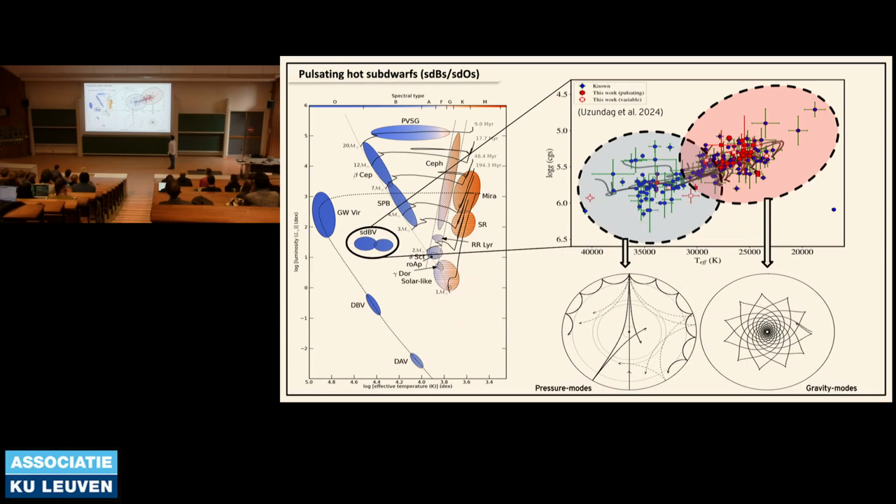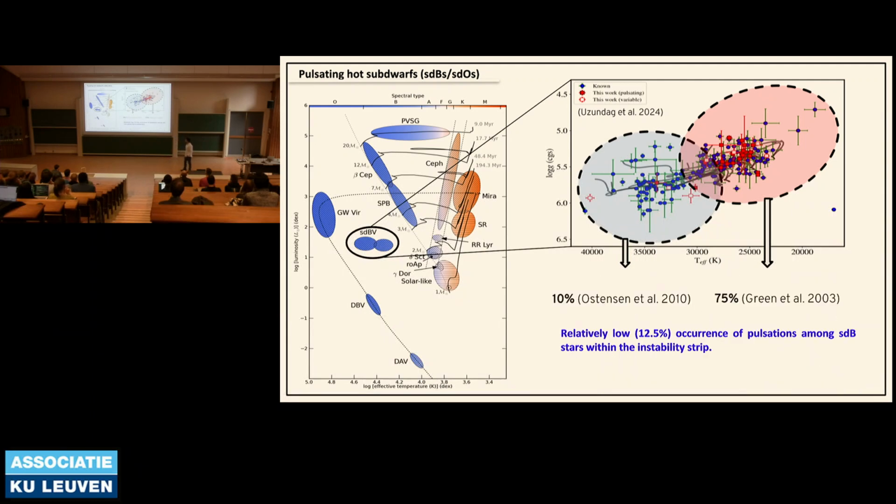And those are located in the lower log g and lower effective temperature range. And in between, there are hybrid stars that show p and g modes at the same time, which are quite nice objects because they allow us to probe both envelope properties and the core properties of these stars.